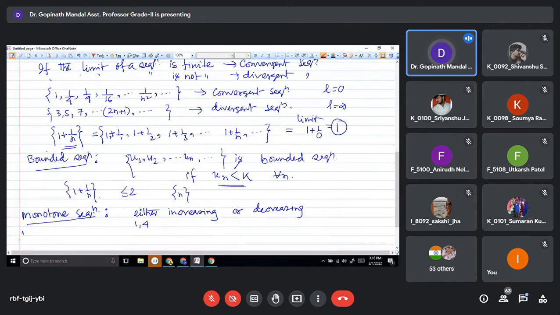So 1, 4, 7, this sequence is monotone increasing. This is monotonically increasing, so monotone sequence.